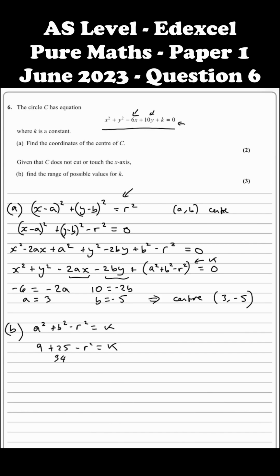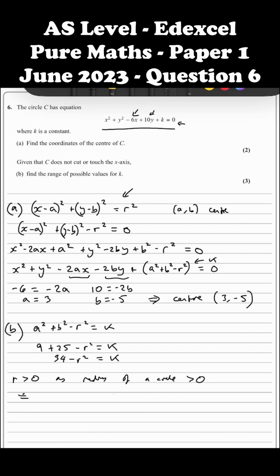So 34 minus r squared equals k. r is greater than 0, as the radius of a circle is greater than 0. Therefore, k must be less than 34. As you put 0 into here, you're going to get k equals 34, but as soon as you increase r, k is going to become less than 34 because we're subtracting the radius squared away. So that's one bound.